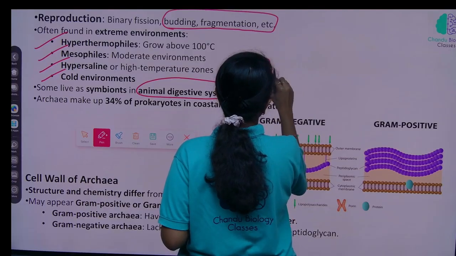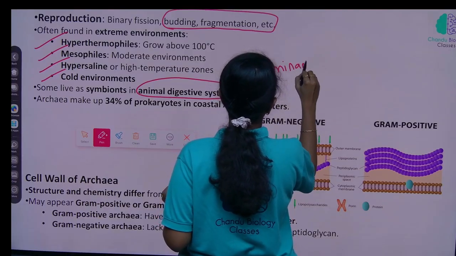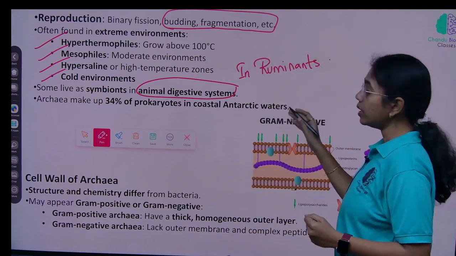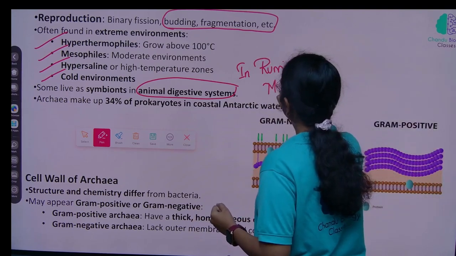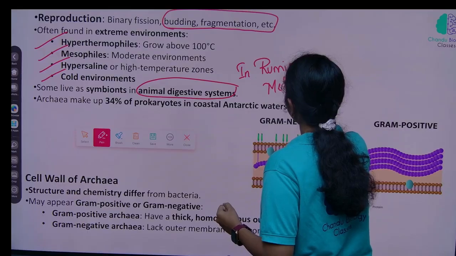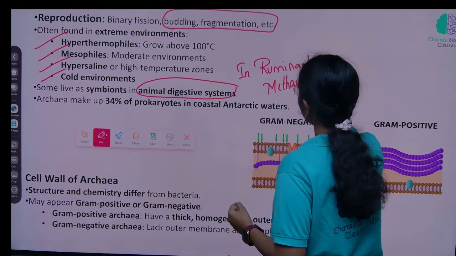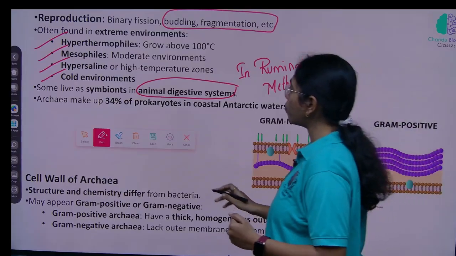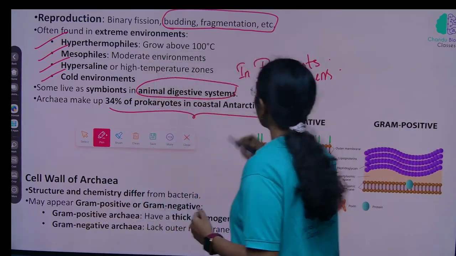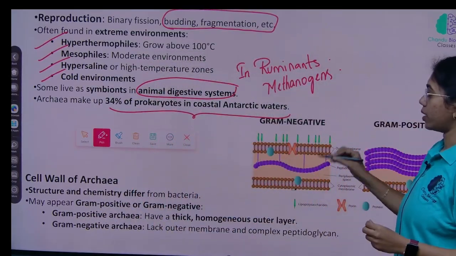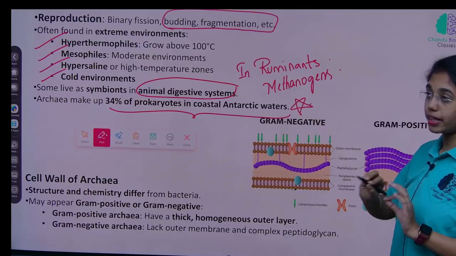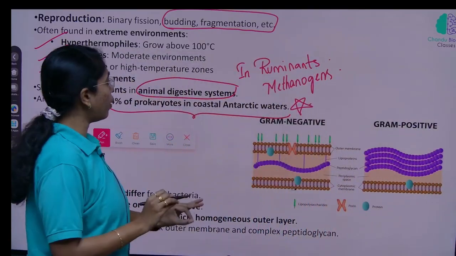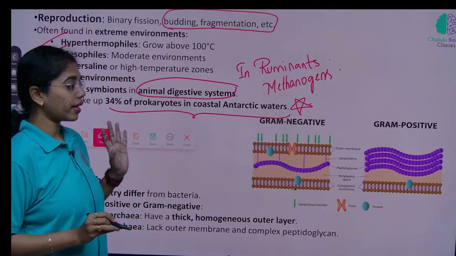In the gut of ruminants, archaebacteria are present, wherein these are addressed as methanogens. Fine, right? Archaea may make up 34% of prokaryotes in coastal Antarctic waters. Very important point to be highlighted and noted. 34% of prokaryotes are archaea in coastal Antarctic waters.